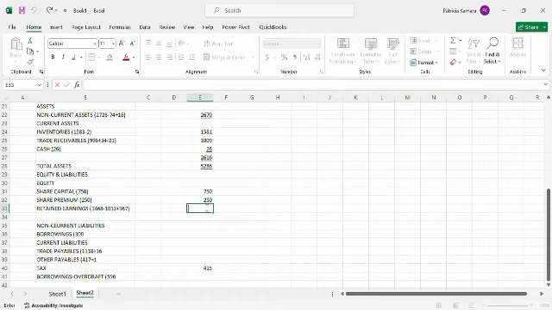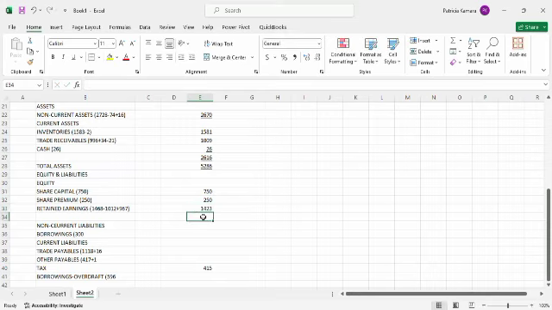That will give us 1423. So if we add all that, 750 plus 250 plus 1423, that will give us 2423. You underline this.